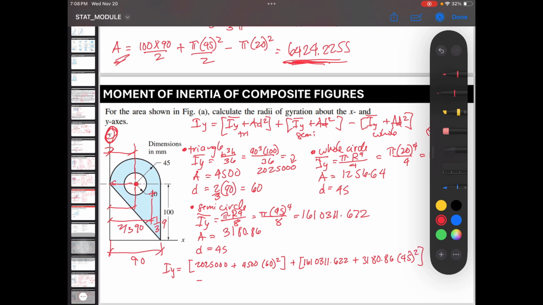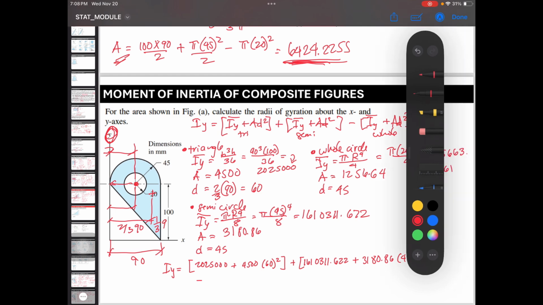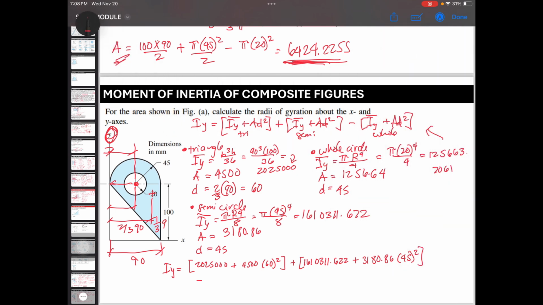And then, minus si whole circle, 1212566.7061 plus area niya is 1256.64 times d niya na 45 squared. So, anong equal niya na? That is equal to 23,606,193.97 mm squared.